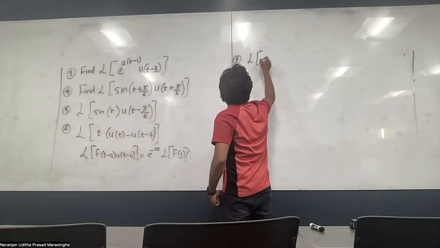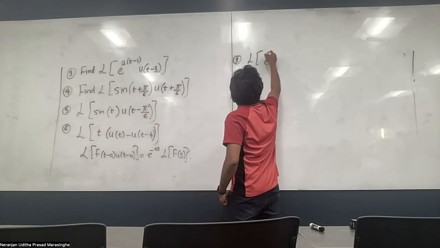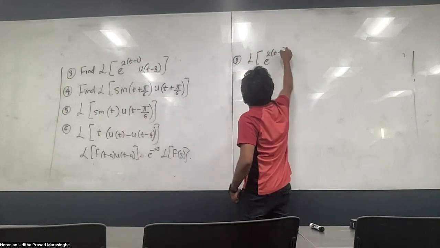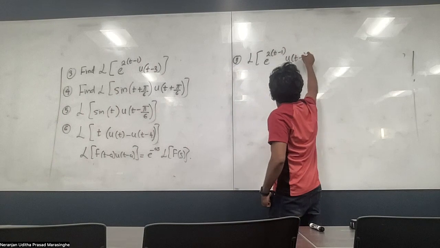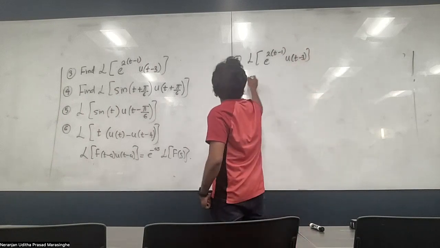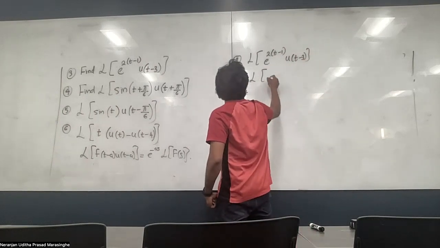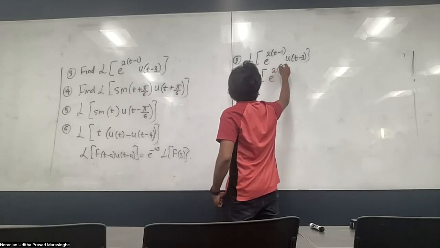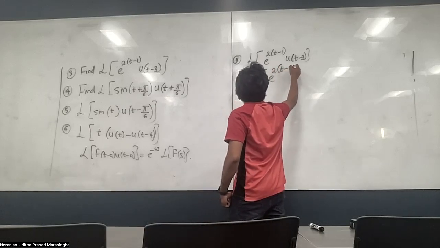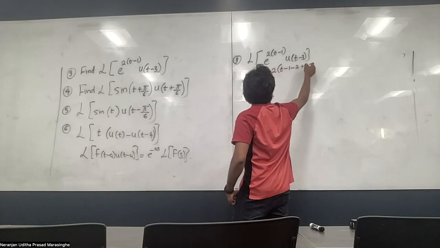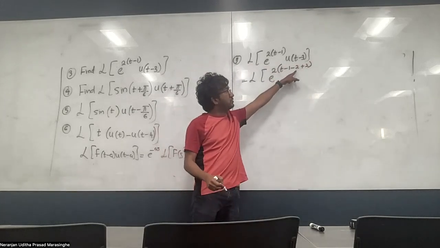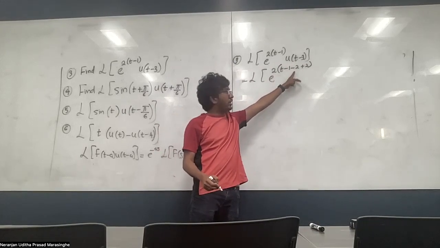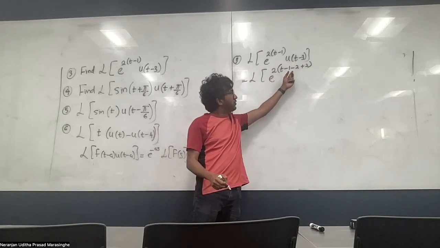So I need the Laplace of e to the 2(t minus 1) u(t minus 3), equal to Laplace of, so this is what I am doing. I would subtract 2 and add 2. The minus 1 minus 2 plus 2. So I did not do anything to the original expression.